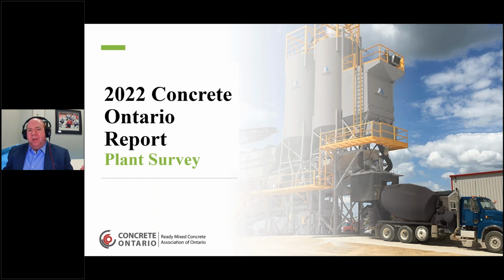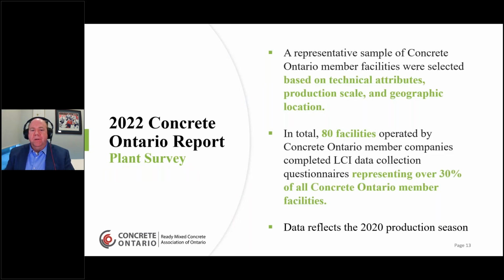To start this off, here in Ontario, we have about 270 concrete plants. We started off by doing a survey of the concrete plants. We picked 2020 as the production year. Since we started this in 2021, we needed to make things simple, so we went for a full year of concrete production.